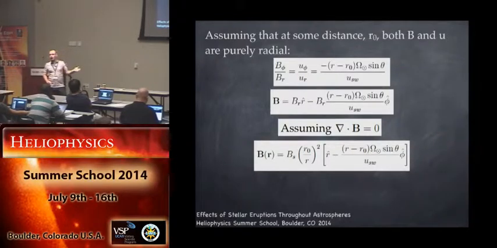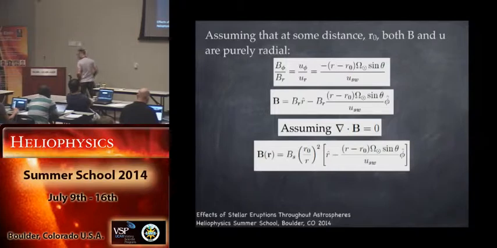You can also think about this R_0 as the point where the wind is fully developed and is not accelerated anymore. It achieved its asymptotic speed at that point. And B_S is the magnitude of the magnetic field at that point R_0. So we have these two parameters here. We have the stellar rotation, which can change for other stars. And we have the solar wind velocity, which can change as well.